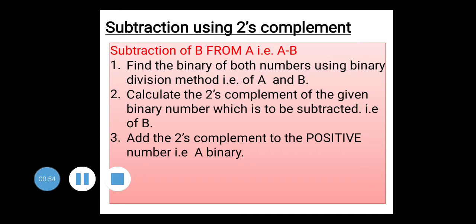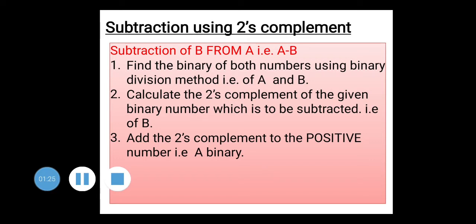Then you find the length of the binaries of A and B. For example, if the length of binary A is 6 digits, then the length of binary B should also be 6 digits. If it is not, you add zeros in the MSB bit position.